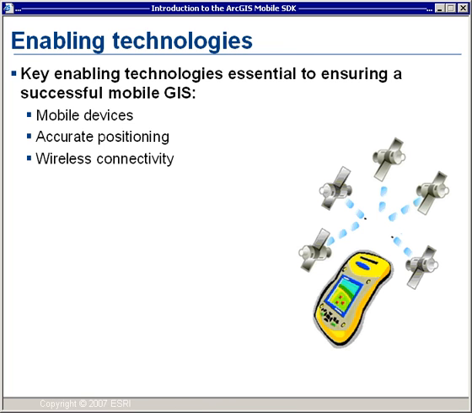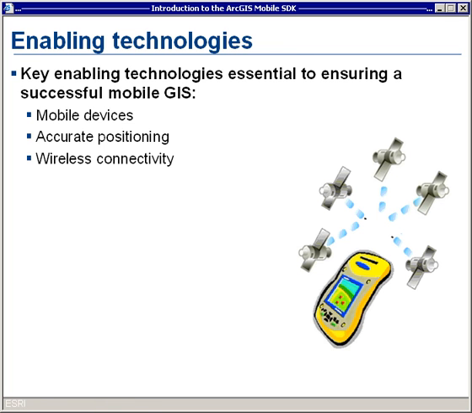They range from very small, mobile, easy to use, smartphone type devices right up to extremely powerful, sometimes a lot larger tablet or laptop PCs. The majority of our mobile GIS technology works within the Windows environment. So when we talk about devices, we're really speaking about Windows mobile devices and Windows desktop devices.